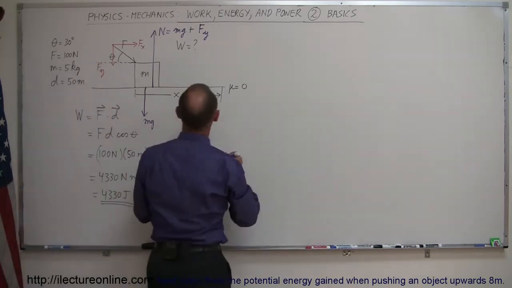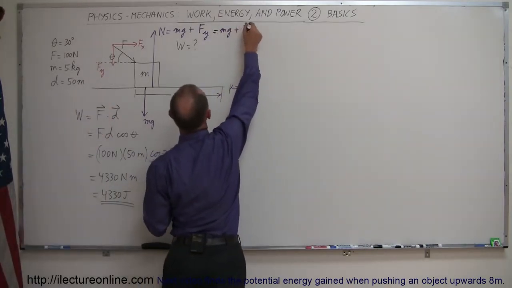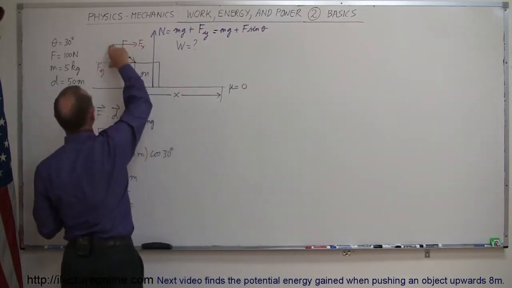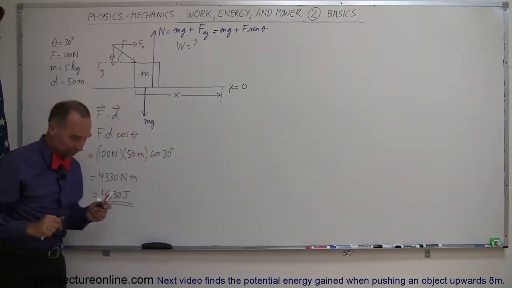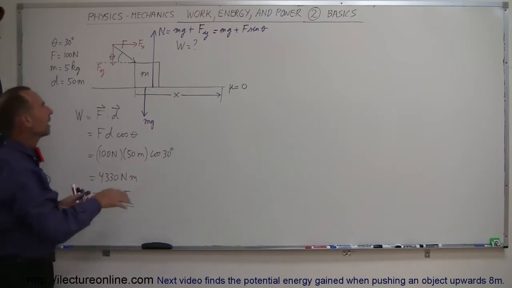So we can say this can be written as the weight, mg, plus the force times the sine of the angle theta. Remember that this is opposite to the angle, this is the force, so we know that's the sine of that angle theta.